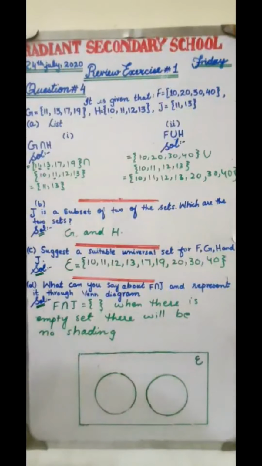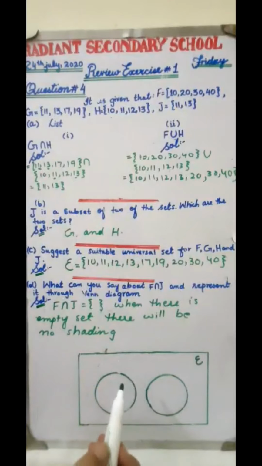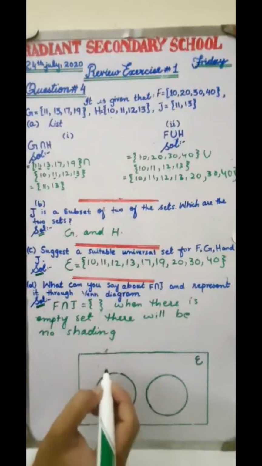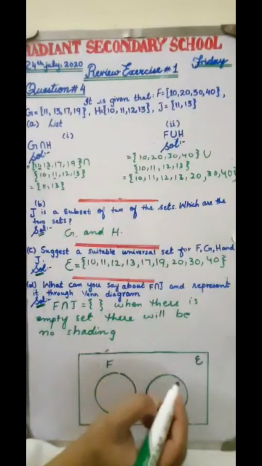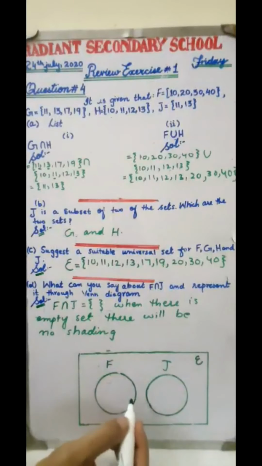So we have to draw two disjoint sets because there is no common element present in the F and J sets. So you have to write, this is the F set, this is the J set. These two sets are disjoint. There is no common element. There is no shaded area.